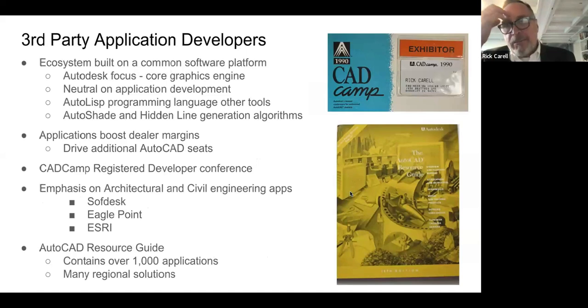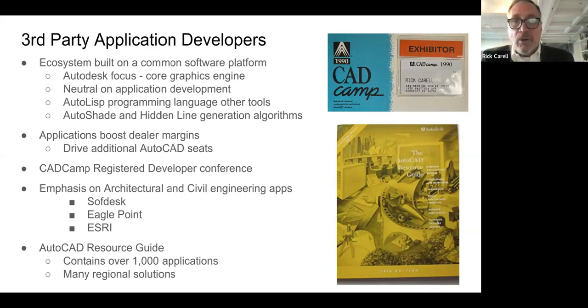And so the other breakthrough that Autodesk had is that they had the third-party application development program. So this is an ecosystem based around AutoCAD. So unlike DEC, an ecosystem based around the VAX, this is an ecosystem based around the AutoCAD software. So their focus at the time, it was still a developing product. It couldn't do everything.